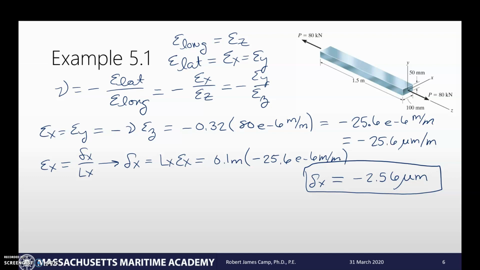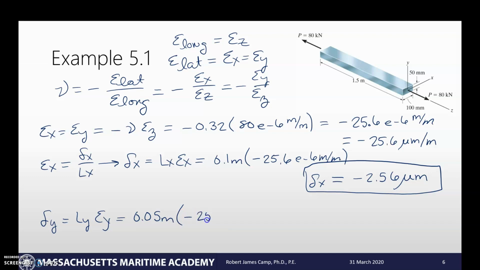So in order to get that material to make the things longer, that's where some of it's coming from. We do the same thing with the y direction. In fact, I'll just write right into it: the deformation of y is Ly times strain y, and then we just plug in our numbers. So the y direction is 50 millimeters, or 0.05 meters. It's the exact same strain, because with the lateral axis strains, they're going to be constant.